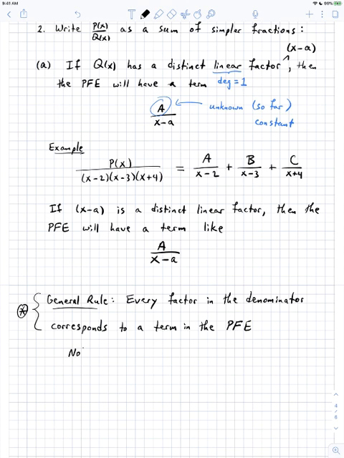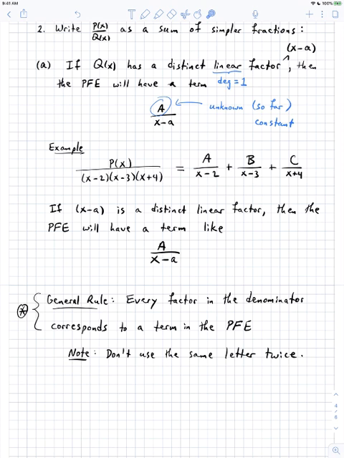So note, don't use the same letter twice. So I can't put an A here, and then an A here, and then an A here. They're all different. Well, it might turn out that they end up being equal, but you don't know that.